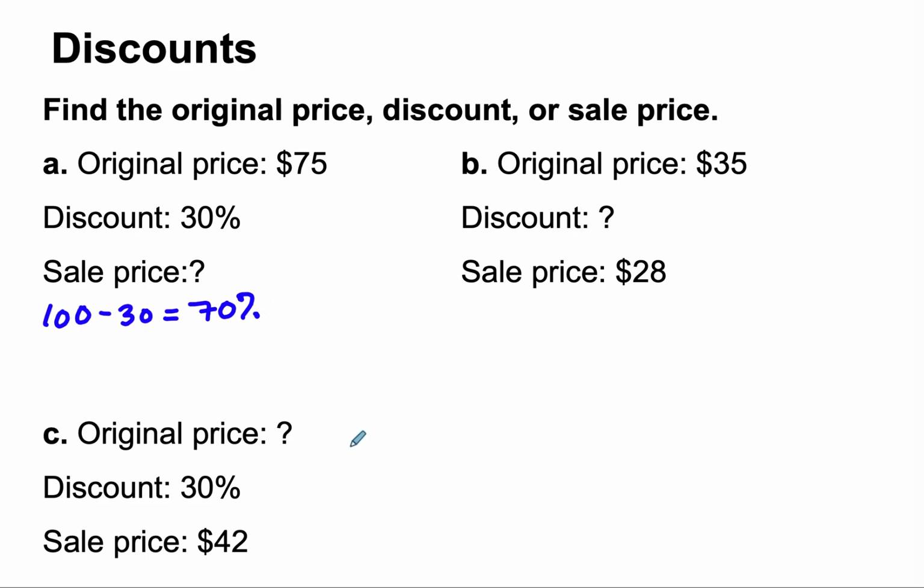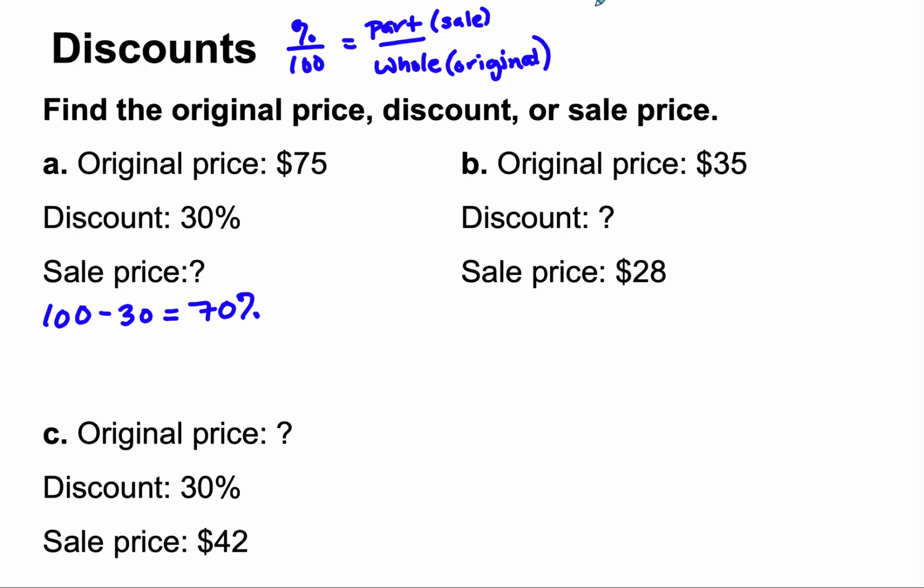So 70% is the number we're going to put into our equation or a proportion. If you're doing a proportion, remember it's percent over 100 equals your part over your whole. For these problems, the part is the sale and the whole is the original.